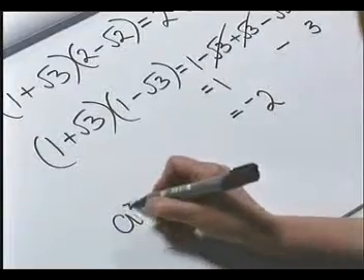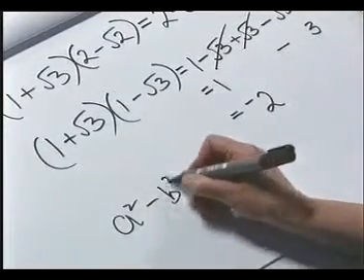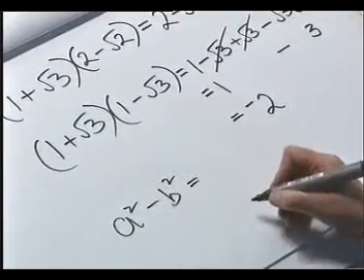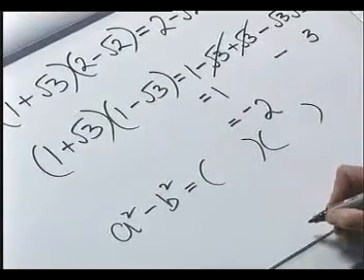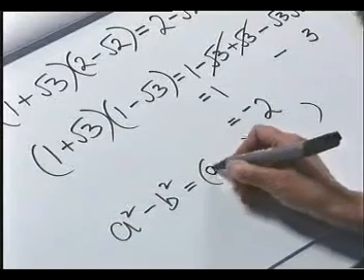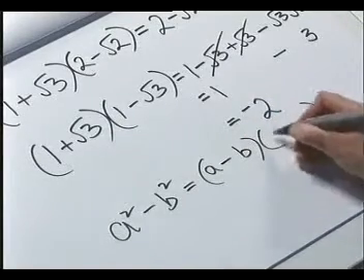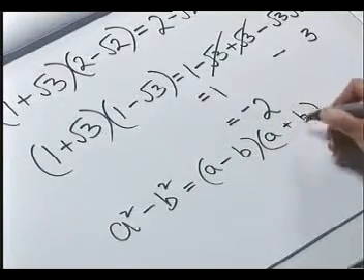This type of expansion is called the difference of two squares. The difference of two squares is written as a squared minus b squared, and it can be expanded using two brackets into a minus b times a plus b.